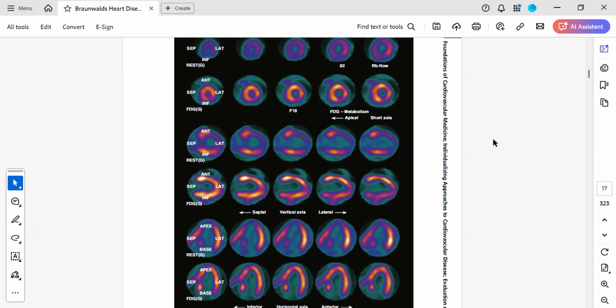You are looking at uptake of the radioisotopic agents by the myocardium. If the radioisotopic agent is not taken up, it won't appear on the images, and that emphasizes that there is reduced flow or no blood flow to that vascular territory.